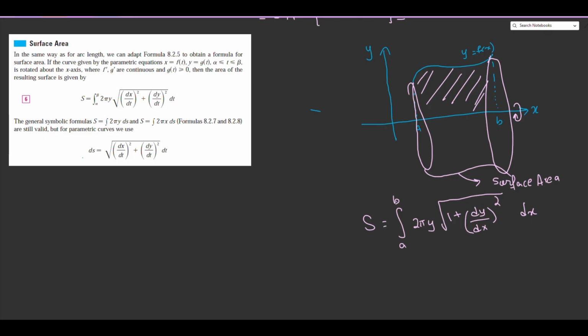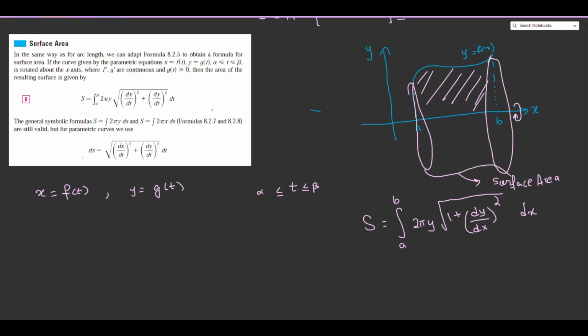We have already discussed this previously in calculus 2, but now we are going to do the same thing. For example, if we are given two parametric equations, x equals f of t and y equals g of t, where t varies from alpha to beta, what will be the changes in this formula?